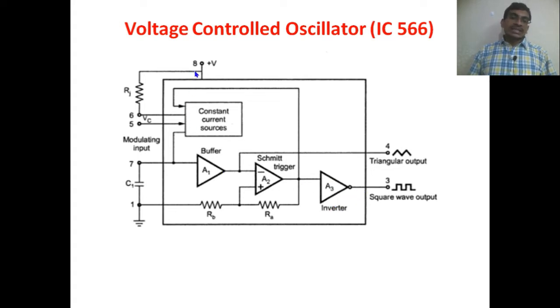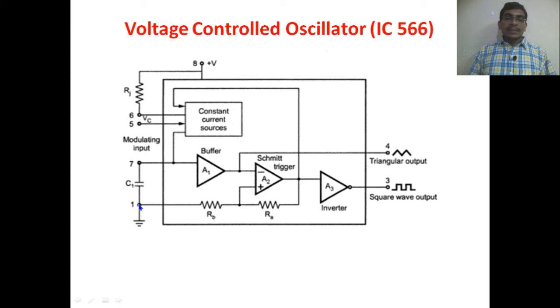Between VCC and pin number 6 we have a resistor R1, which goes into the constant current source, and pin number 5 is a modulating input that also goes into the constant current source. The constant current is given to the buffer amplifier internally, and it appears at pin number 7. From pin number 7 to ground we have a capacitor C1.